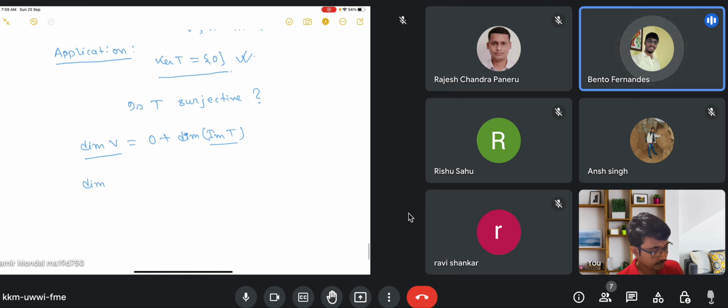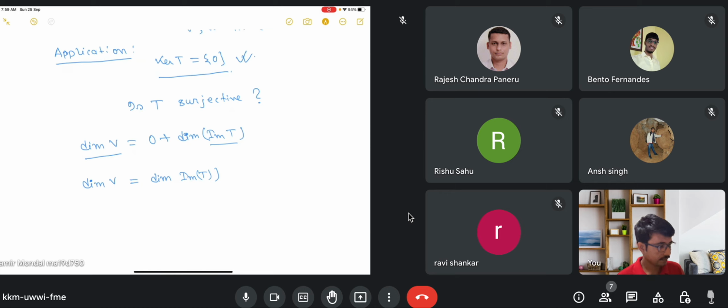Yes, that will imply that the image of T is equal to W.